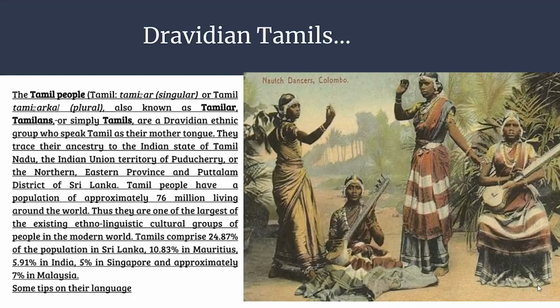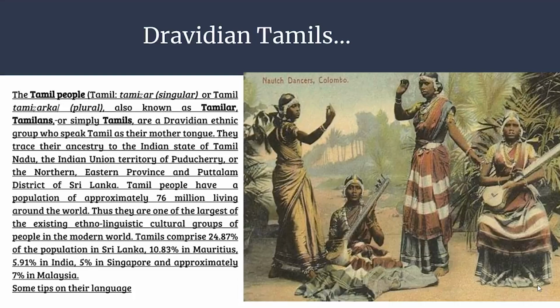They trace their ancestry to the Indian state of Tamil Nadu, the Indian Union Territory of Puducherry, or the northeastern province and Puttalam district of Sri Lanka. Tamil people have a population of approximately 76 million living people around the earth. Thus, they are one of the largest existing ethno-linguistic cultural groups in this modern world.